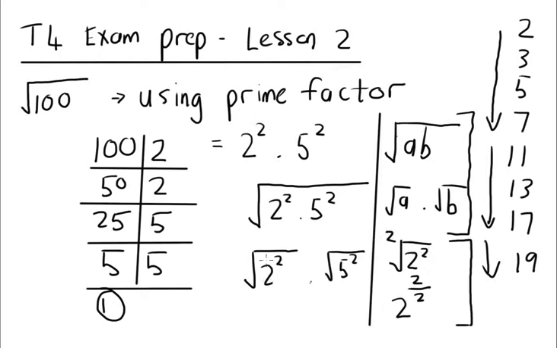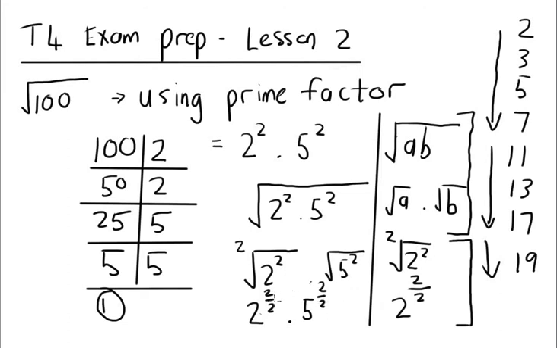So if we want to convert this into an exponent, it's 2 to the power of 2 divided by 2, because there's an invisible 2 over there. That gives us 2 to the power of 2 over 2 multiplied by 5 to the power of 2 over 2.